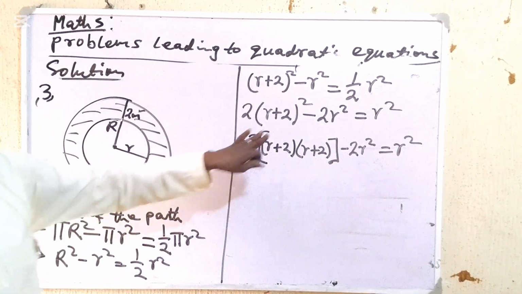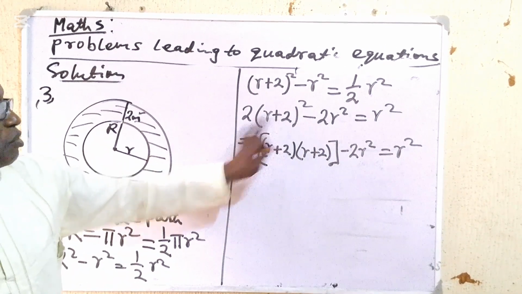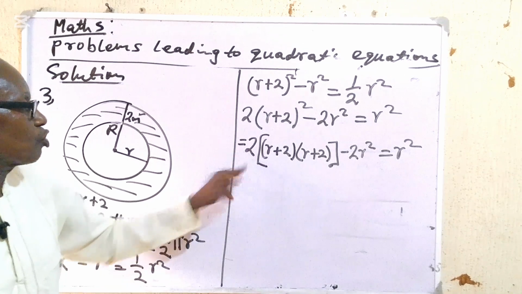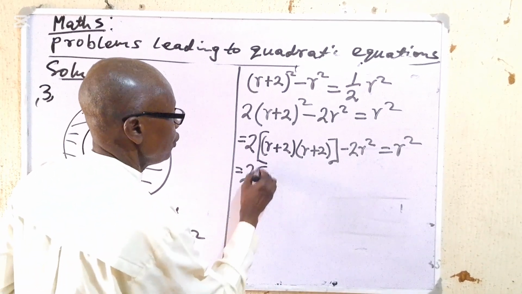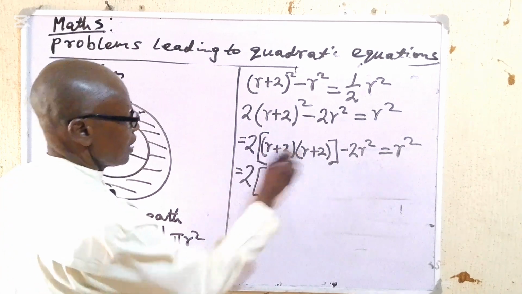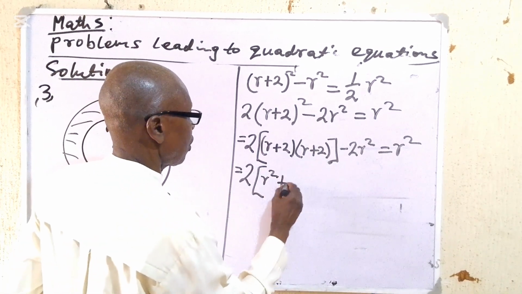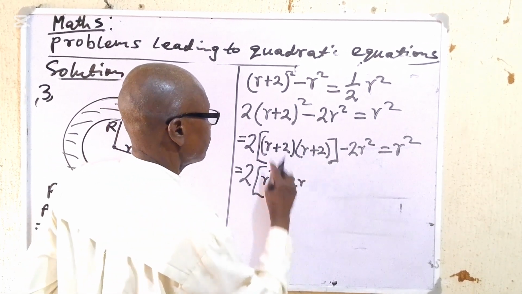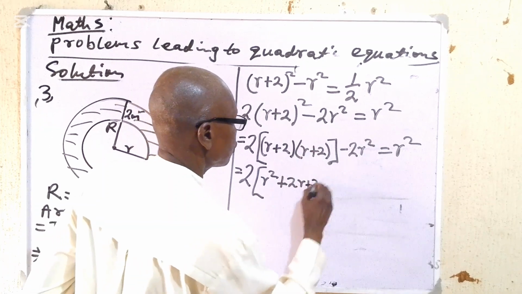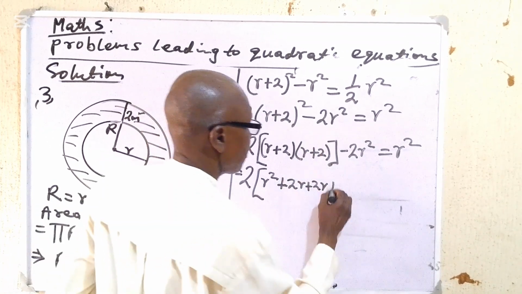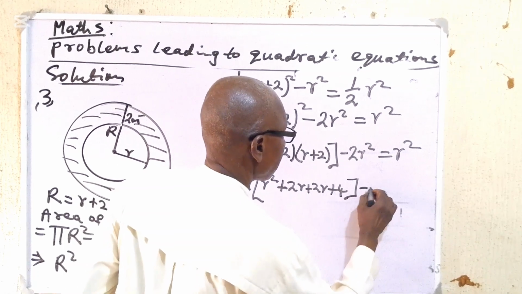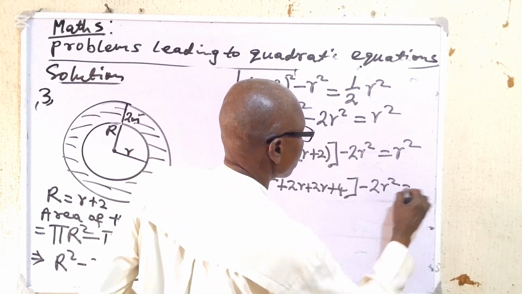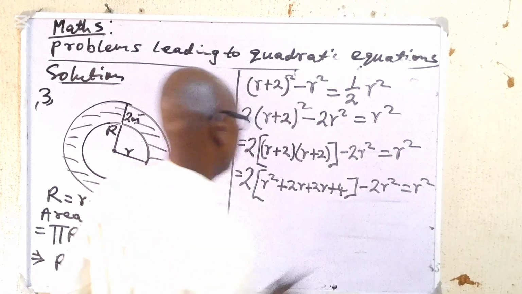I am now expanding this before I multiply through by the 2. That will give me 2 into r squared plus 2r plus 2r plus 4, then close your bracket, minus 2r squared equal to r squared.